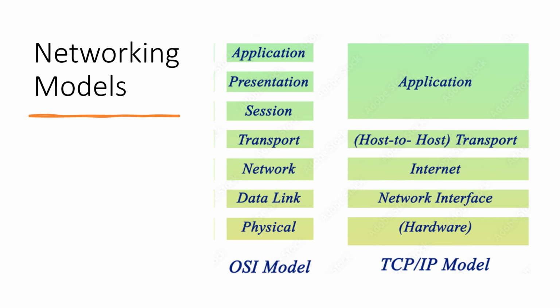The Internet layer, similar to the OSI network layer, is responsible for IP addressing, packet routing, and forwarding. The third is the transport layer, similar to the OSI transport layer, which manages end-to-end communication, error recovery, and flow control. The application layer combines functionalities of the OSI presentation and application layers, and provides network services directly to end users or applications.